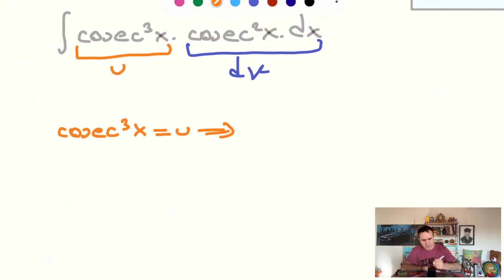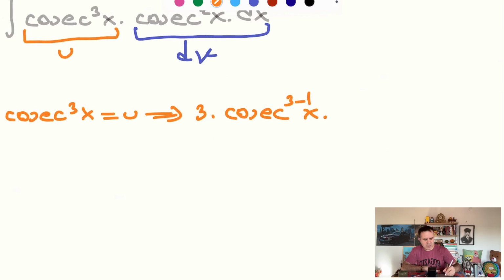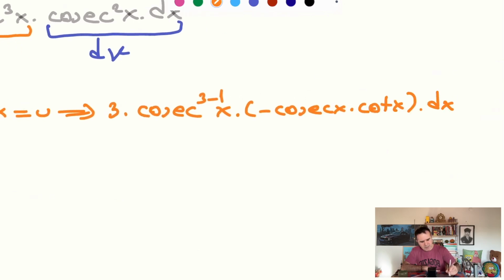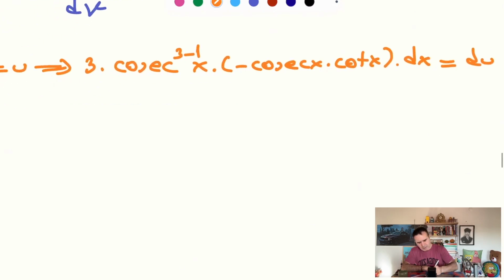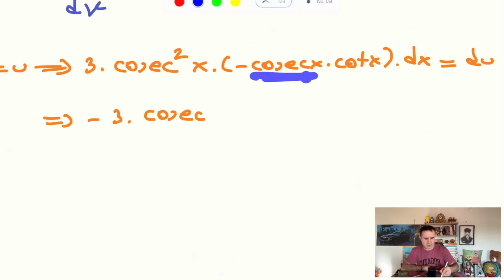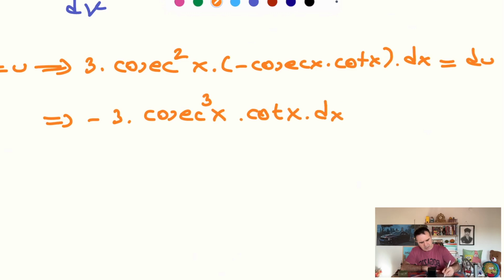Now take the derivative, and we will take the exponent as multiplication, 3 times cosecant, and we subtract 1 from the exponent, 3 minus 1, x times the derivative of cosecant x, which is minus cosecant x times cotangent x, times dx is equal to du, and this is equal to minus 3 times cosecant, this is 2, and we have here another cosecant x, then cosecant cube x times cotangent x dx is equal to du.